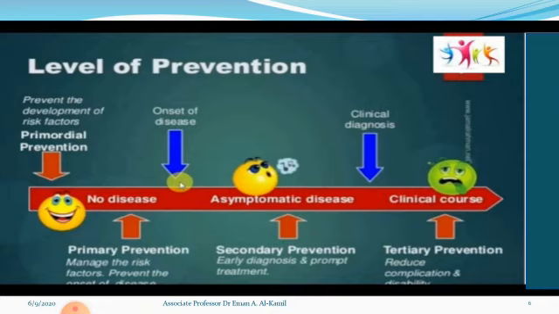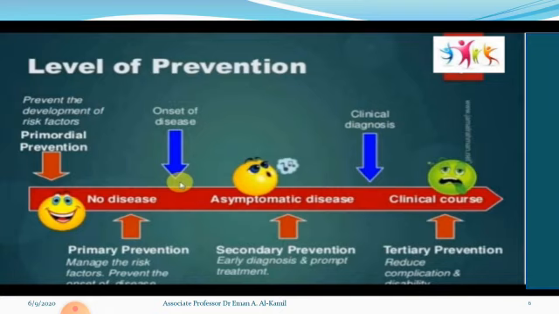While the primary prevention is applied to individuals who have risk factors, but it is possible to stop the occurrence of the disease by modification of the risk factor by certain procedures or activities.